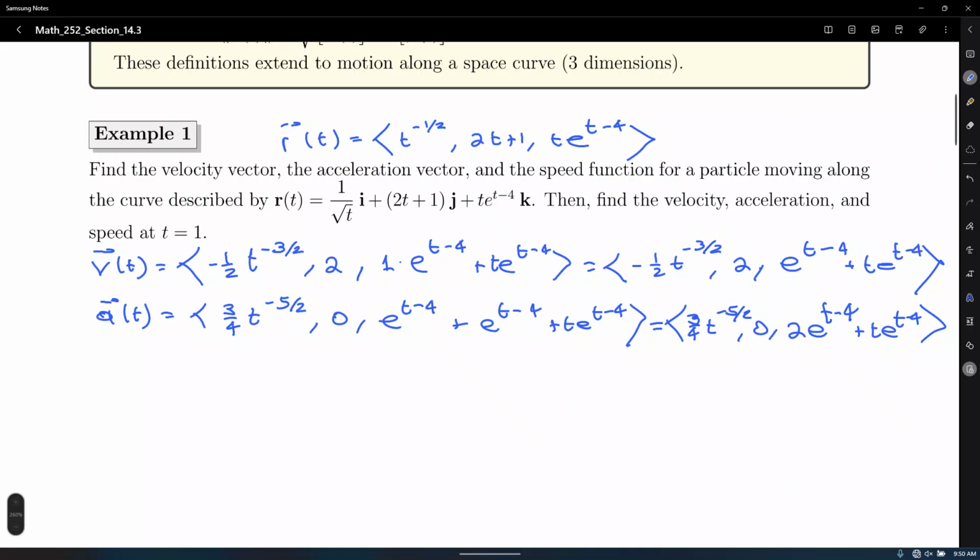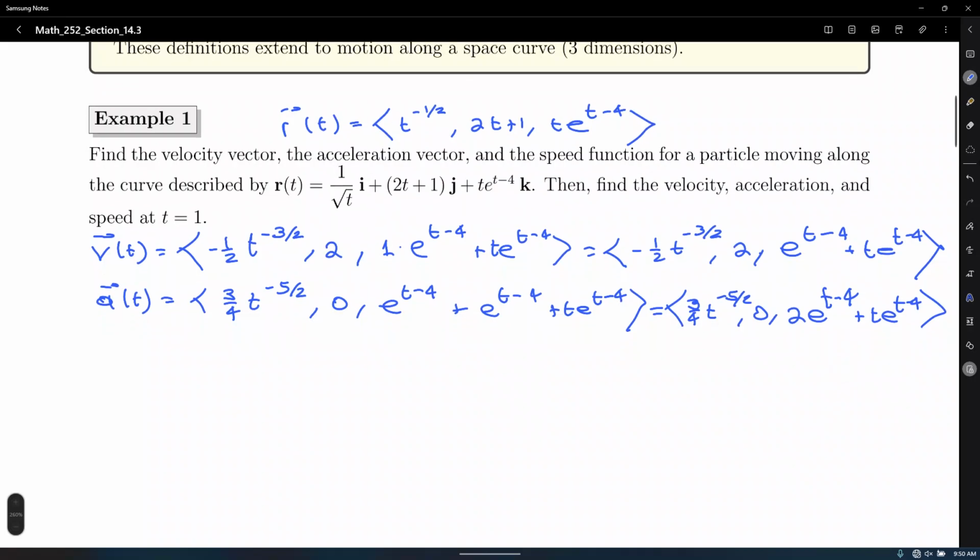What else are they asking us for? Oh, the speed function. Okay, speed. That is the magnitude of the velocity function, or the magnitude of the first derivative, either way. So the speed, which is the magnitude, is the square root of the squares of these three components.